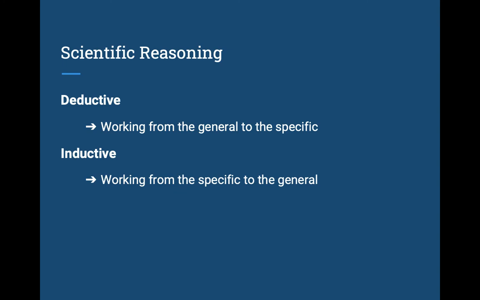And inductive is working from the specific to the general. Does that make sense? Of course not. See, these are great. They make perfect sense if you already know what these words mean. But if you're completely new to them, you look at it like, wait, what? Because it's so vague. So this works, trust me, but you've got to know how it works before you can see that it works.